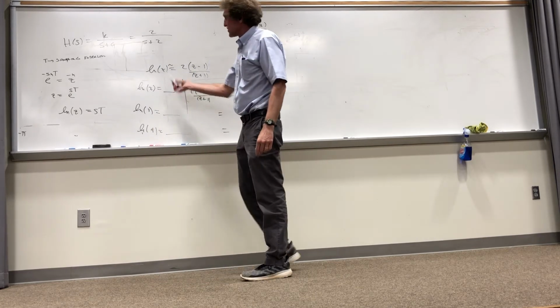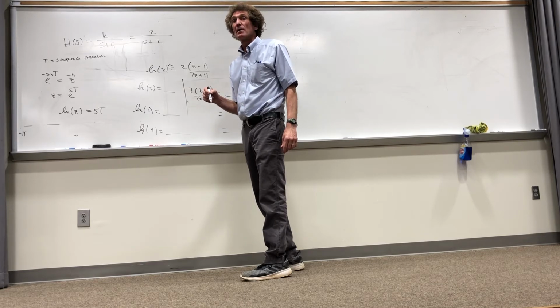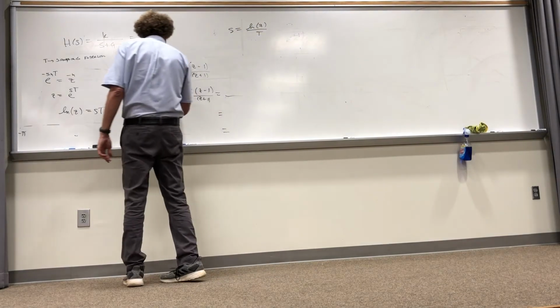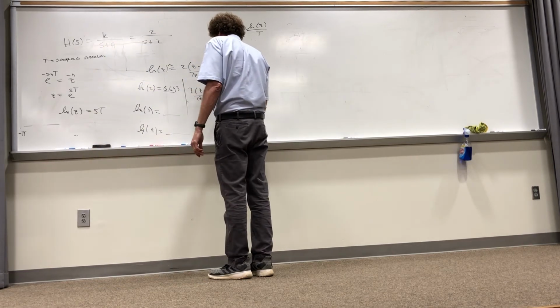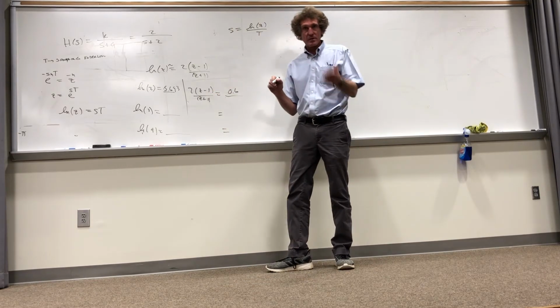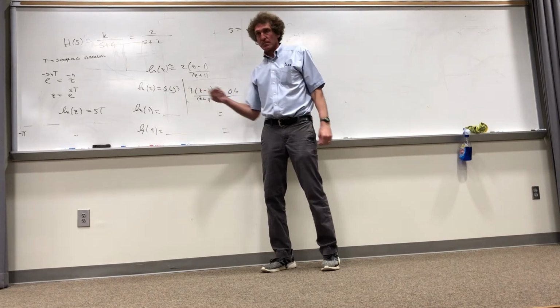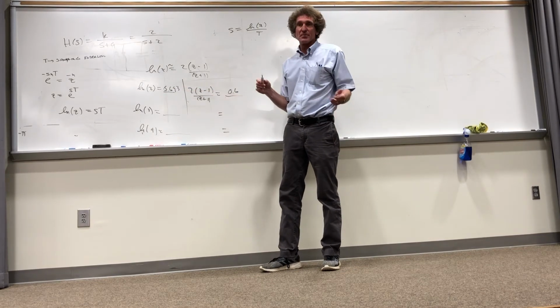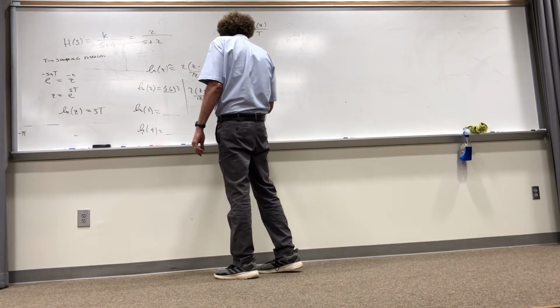What do you get for log 2 here? 0.693 or something. 0.693. Over here? Z goes to 2, sorry. 0.6 repeating. 0.666, all right?